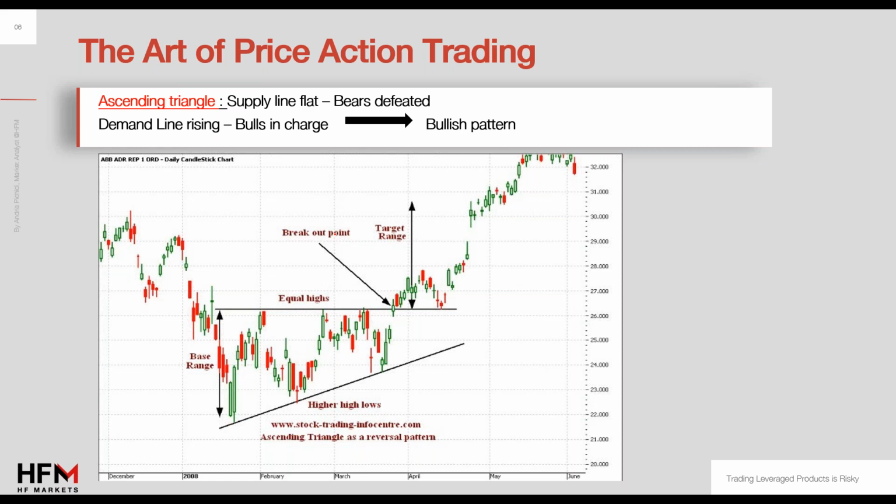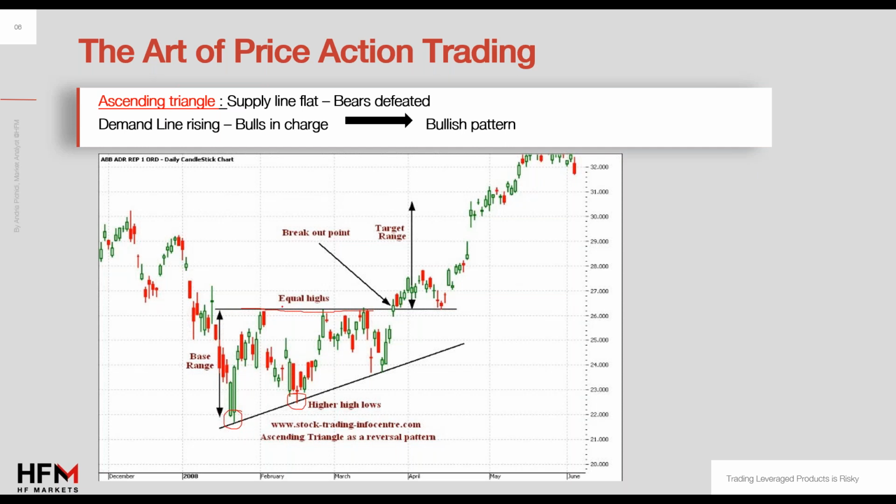So in this case, we had seen that initially the asset was moving down. This is a daily chart, by the way. It was moving down, but at some point, we had identified some higher lows, and you can see that, higher lows, but also consecutive highs at approximately the same level.